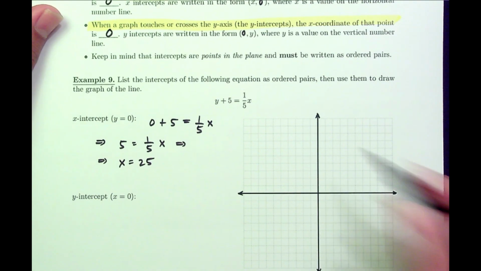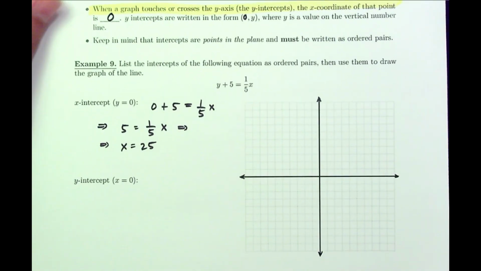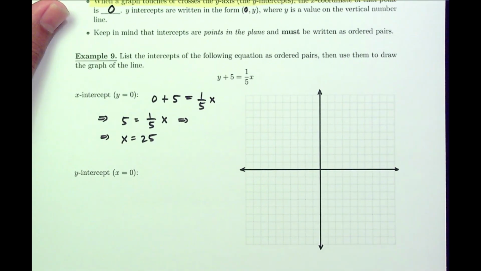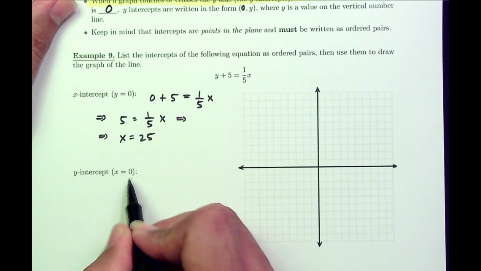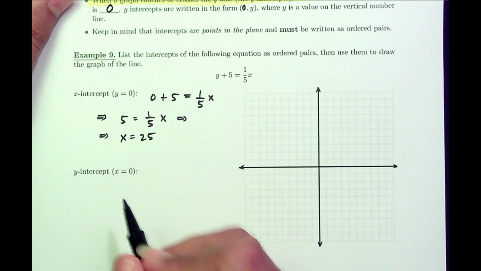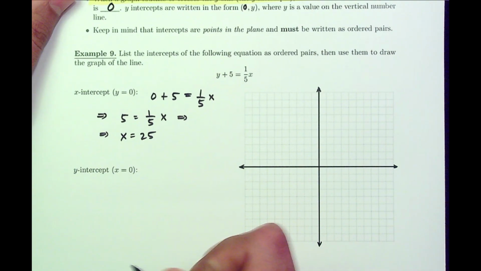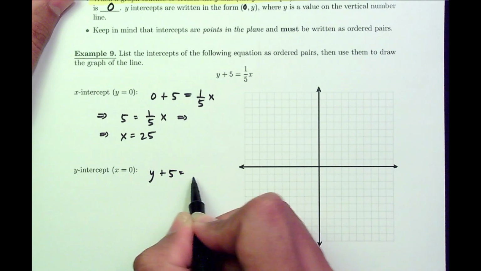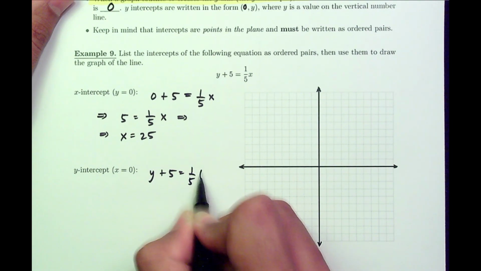So we're going to have to just use a smaller scale here. Like go maybe by 5s or something like that. Okay, and then to find the y-intercept, we're going to plug in x equals 0. So we're going to get y plus 5 equals 1/5 times 0.